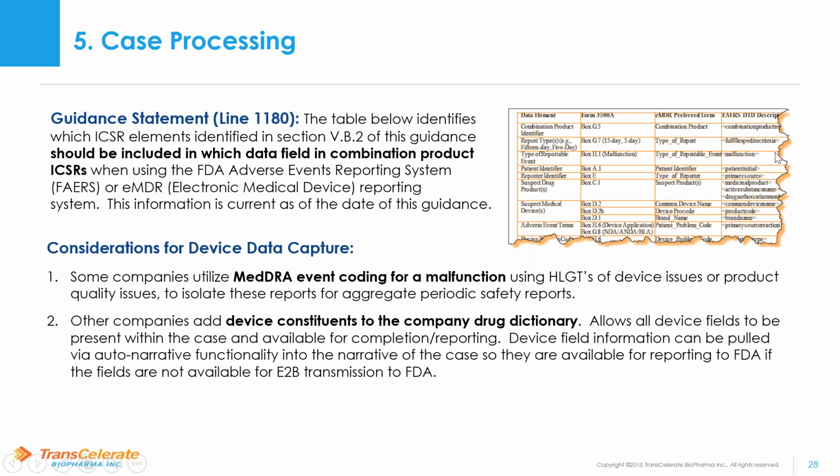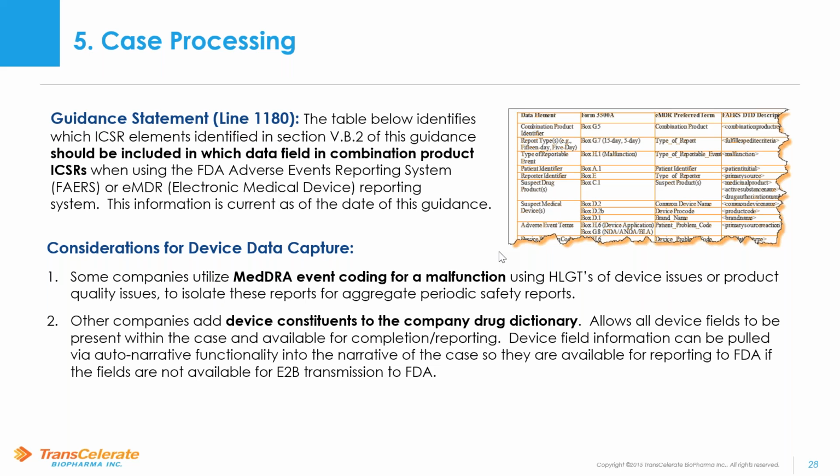They have also provided guidance on what information should be included when you're submitting a combination product ICSR. So for example, if you've got a malfunction-only reportable event, your patient identifier obviously would be none. Your adverse event coding could be no adverse event.